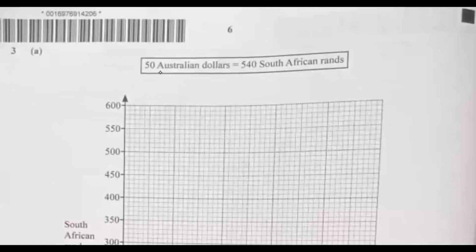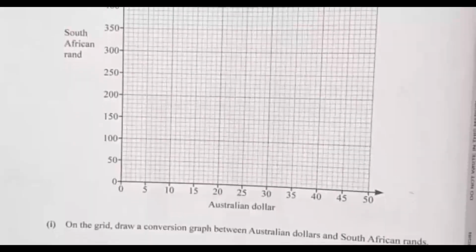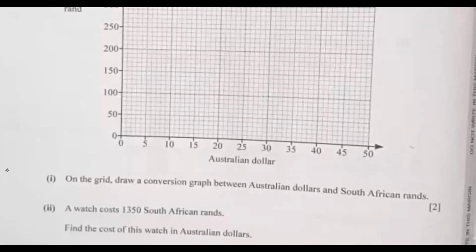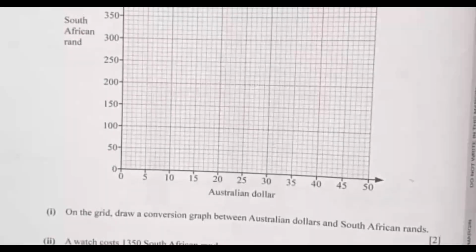We have 50 Australian dollars to be equals to 540 South African rands. So we have the grid. Let's scroll down to see the question. So on the grid, draw a conversion graph between Australian dollars and South African rands. Okay, so it's very simple.